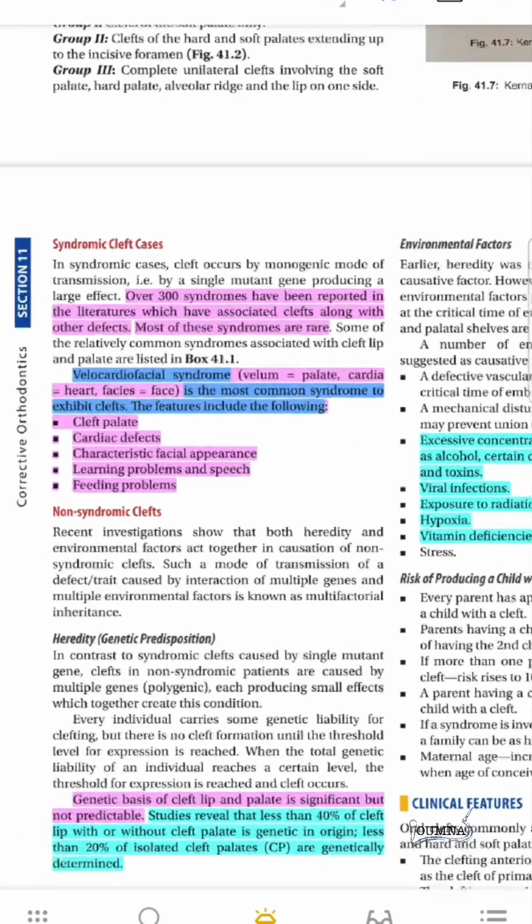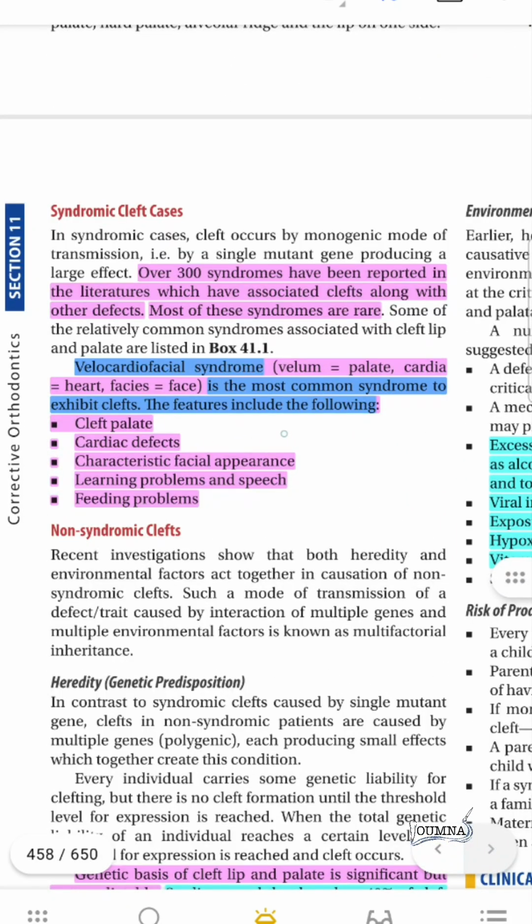The most common syndrome associated with cleft is the velocardiofacial syndrome, where we have facial and cardiac defects, and it is featured with a cleft palate, cardiac defects, facial appearance, learning problems, and speech and feeding problems.